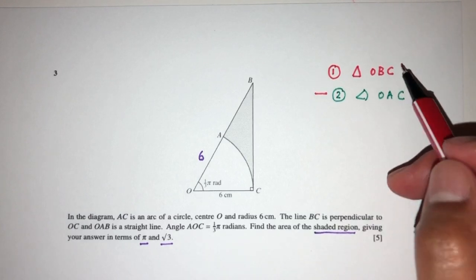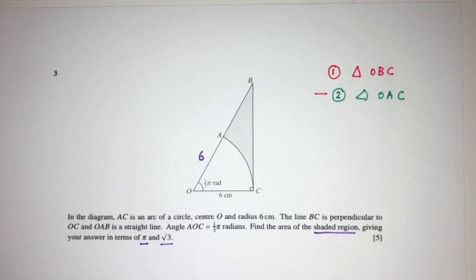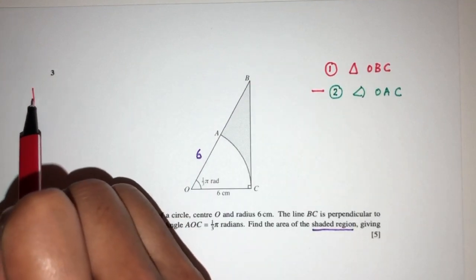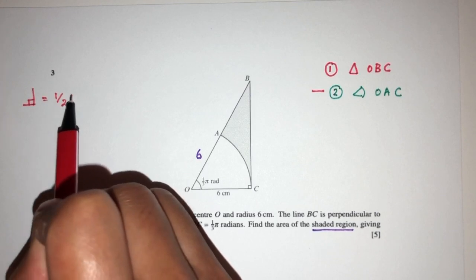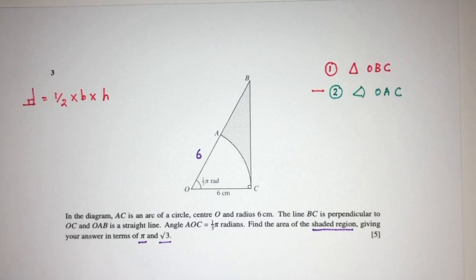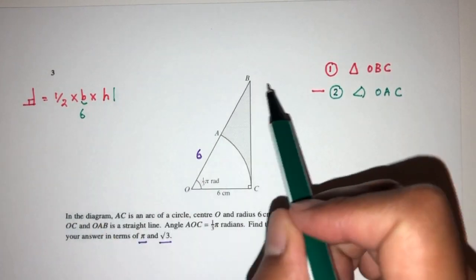Now part 1, how would you find the area of this triangle? Very easy. We can use a few things. But in this case, since we have a right angle triangle, we can use half times base and times the perpendicular height. Now half is half, base we know it is 6, and we have to find the value of the height.